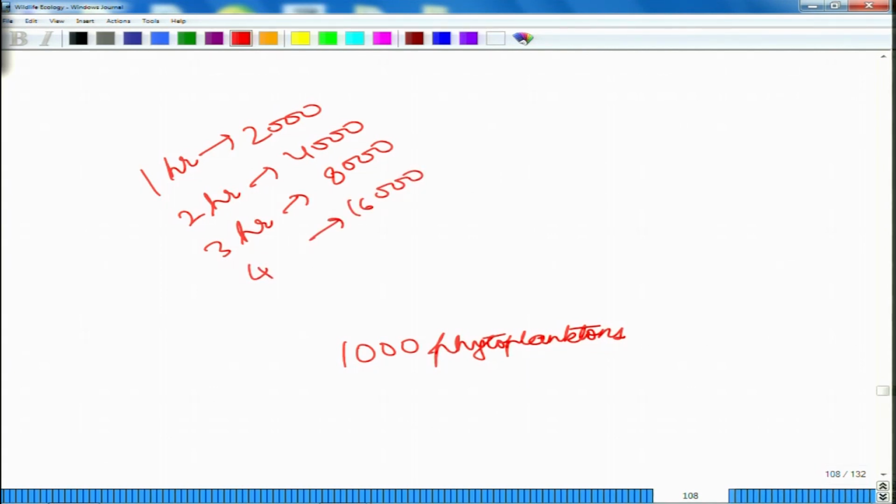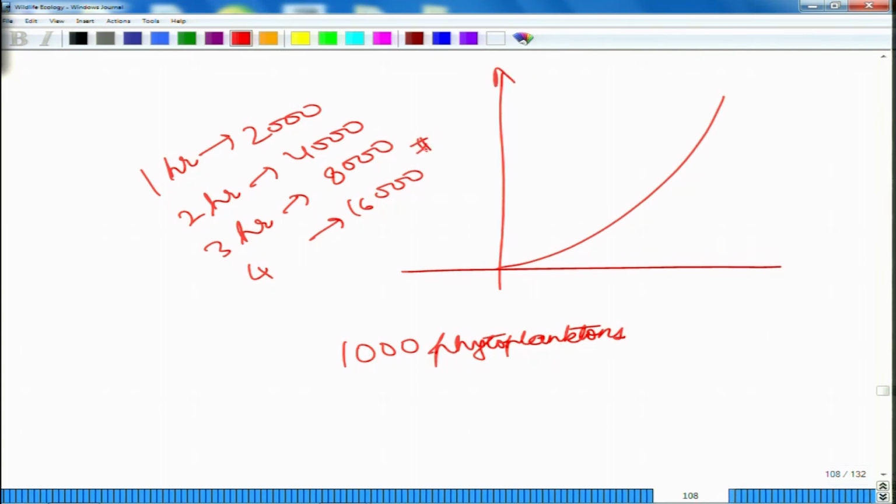Now, if this is the rate of propagation, we will find a situation in which the population increases exponentially. So, here you have the number of phytoplanktons and this is the time.